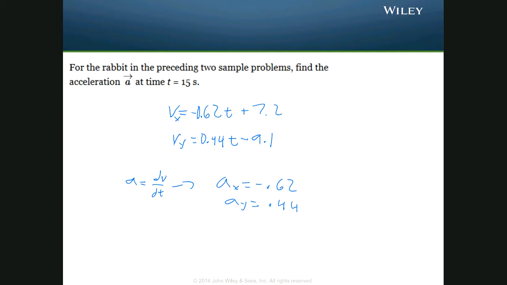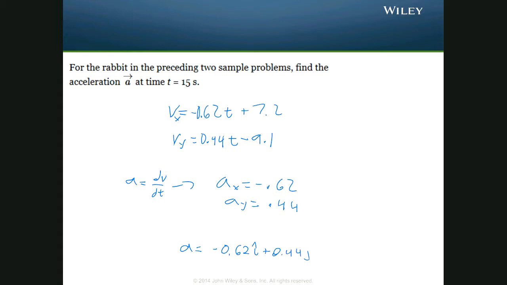And we can see that our a vector equals negative 0.62 i-hat plus 0.44 j-hat.